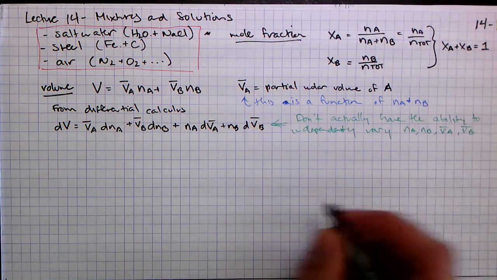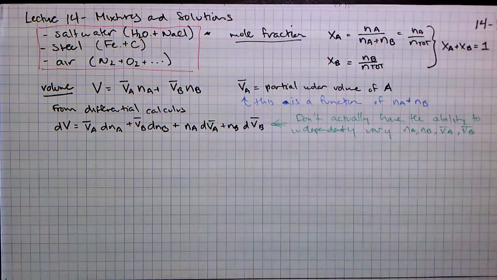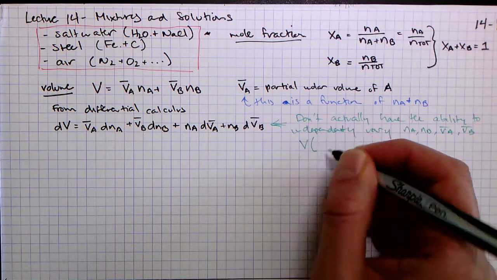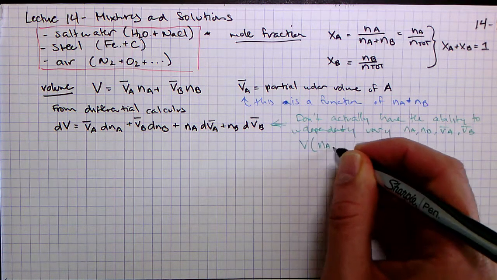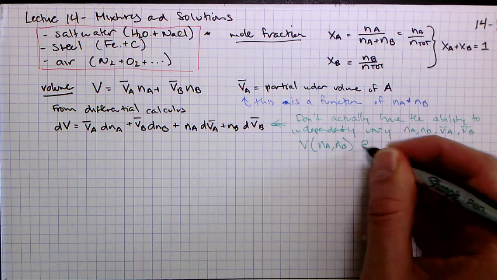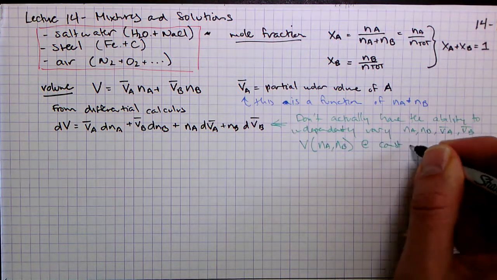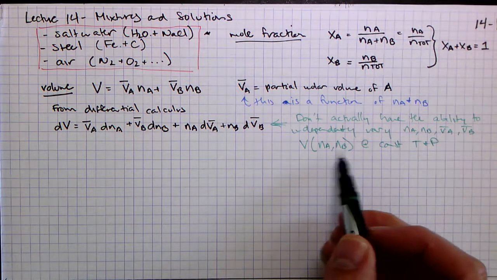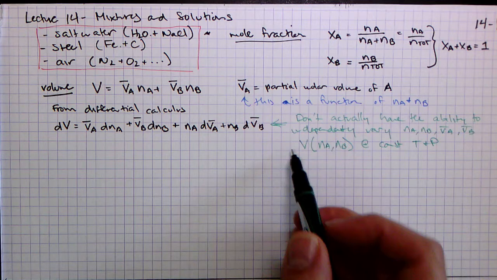That is, we know that in general, the volume is a function of how many moles of each substance we have at some constant temperature and pressure, right? So once we choose the number of moles, the volume is set.